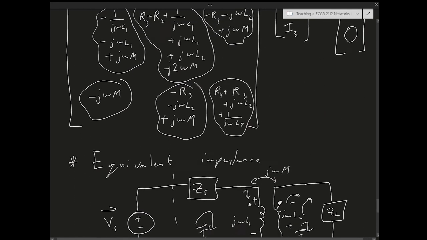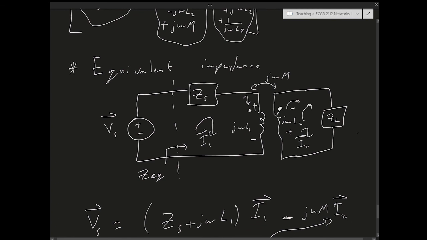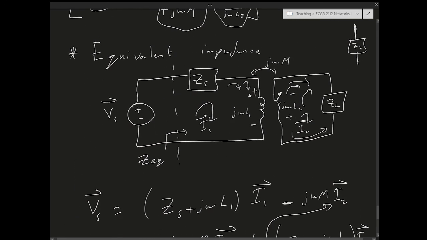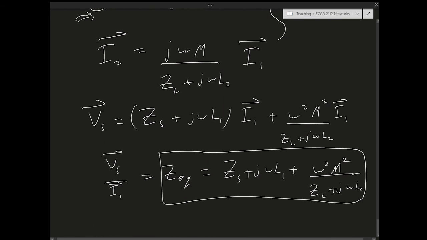And it makes sense that it doesn't depend on the dot, because impedance is symmetric. If I take an impedance and I flip it, I'll get the same thing. It doesn't matter how you feed the current into the impedance, whether you feed it this way or the opposite way, the impedance will look the same. That's the deep reason why the equivalent impedance does not depend on the dot orientation.